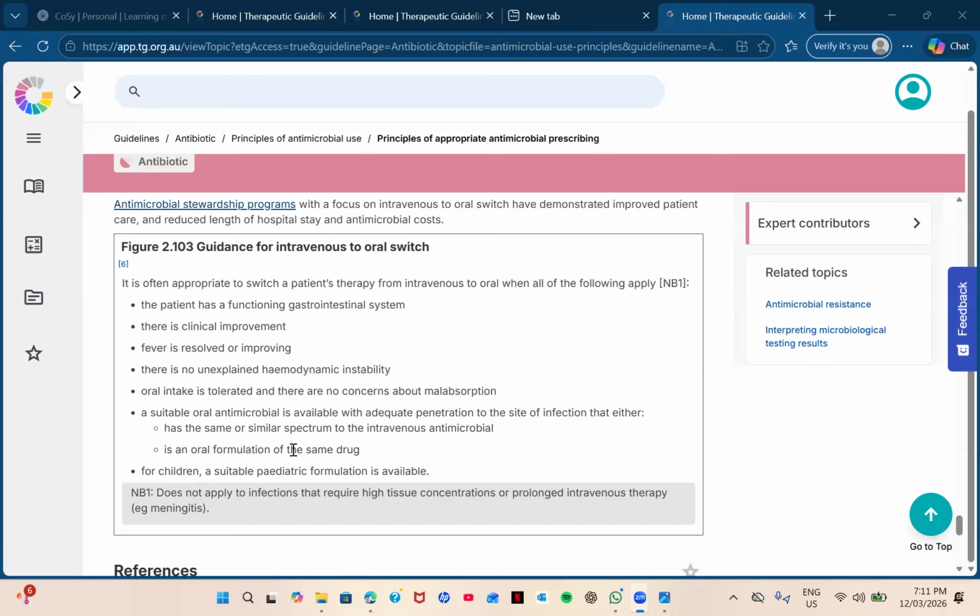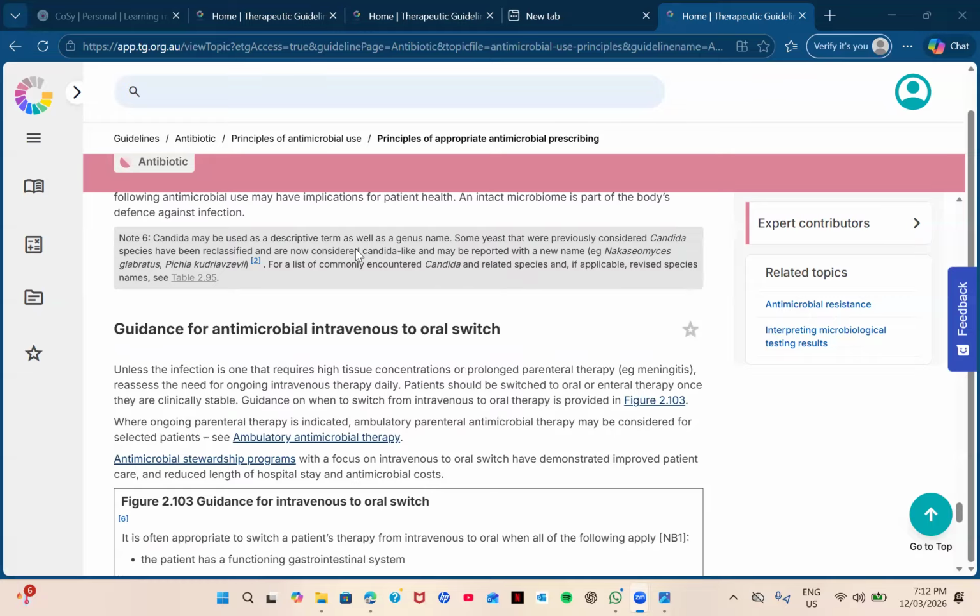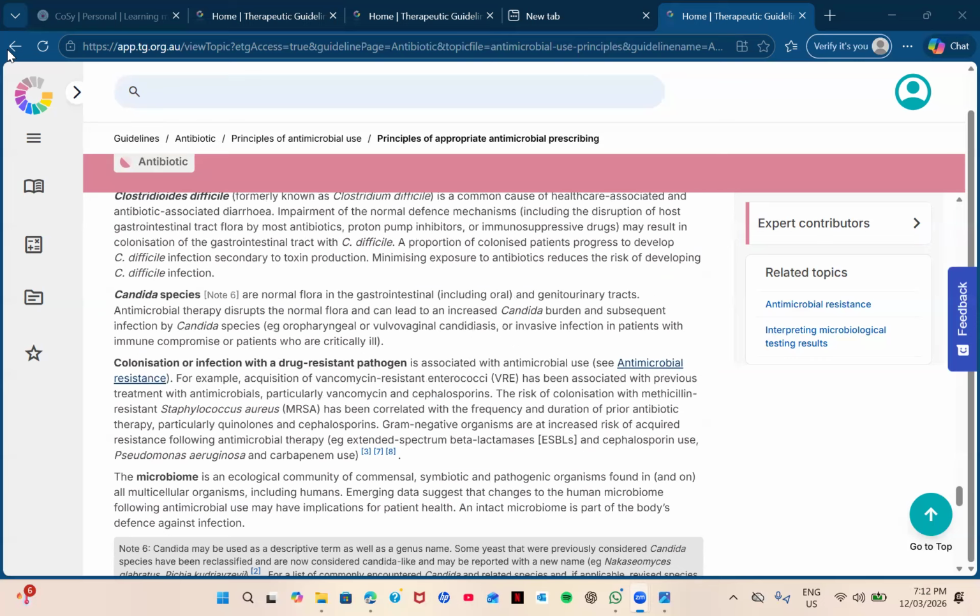A suitable oral antimicrobial regimen is available with adequate penetration to the site of infection, which either has the same or similar spectrum as the intravenous antimicrobial or is an oral formulation of the same drug. Just keep these things in mind, okay?